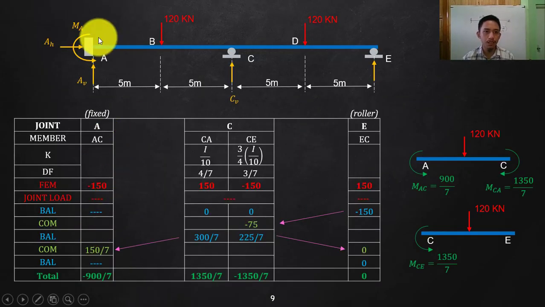If you want to get the end moment AC, all you need to do is summate that row, and then that will be the end moment at AC. And then if you need the end moment at CA, just summate that column: load, balance, balance, and so on and so forth. Same thing happens in all of that. And again, this is just like before on the slope deflection.